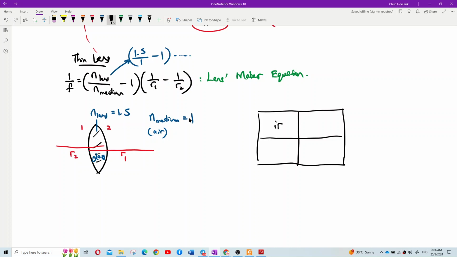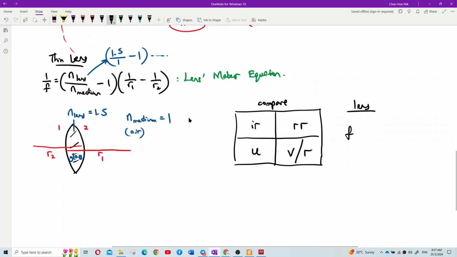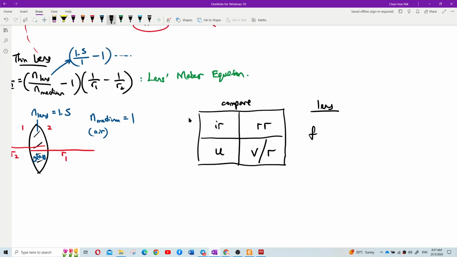Okay, so compare the incident ray and reflected ray. Incident ray we always compare with object distance, and the reflected ray we compare with image distance and also radius. Focal length we don't compare, because later you will understand. For a lens, focal length we just get from the Lensmaker equation to know whether it's positive or negative.